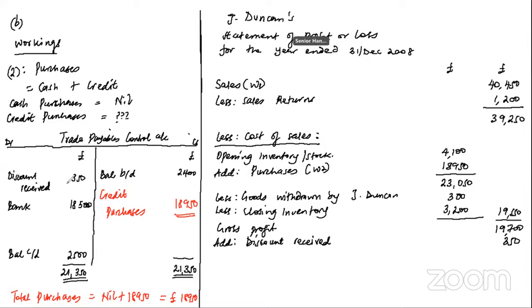You see this from the trade payables control account, so we add it to our gross profit. When we add the discount received to our gross profit, we come up with a total gross income of 20,250.